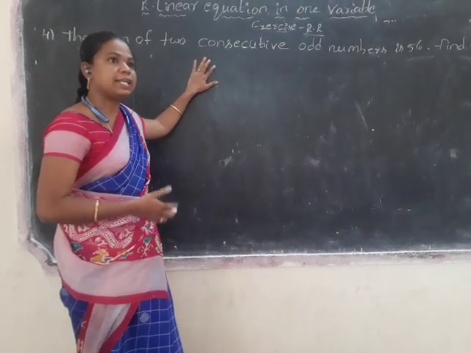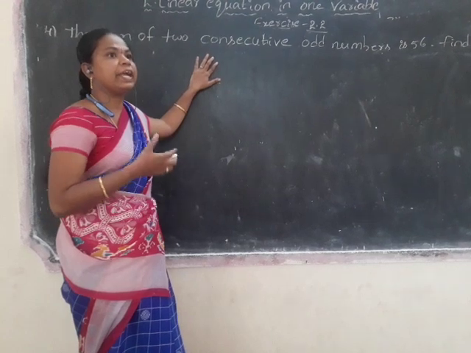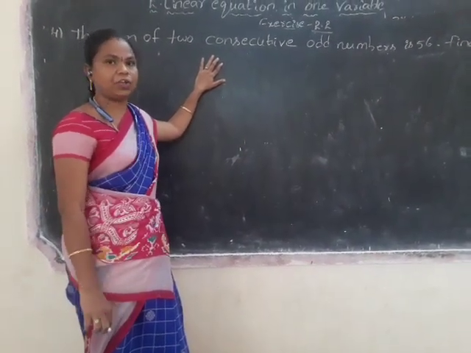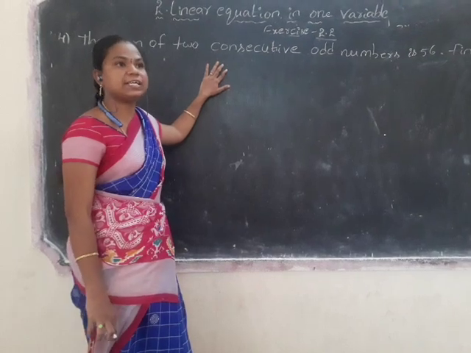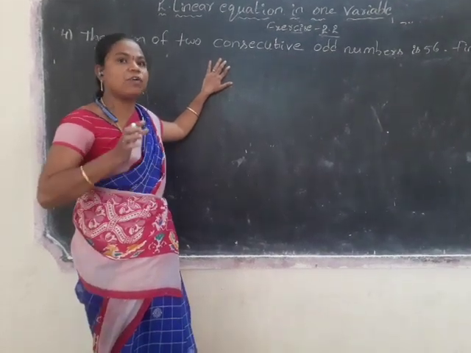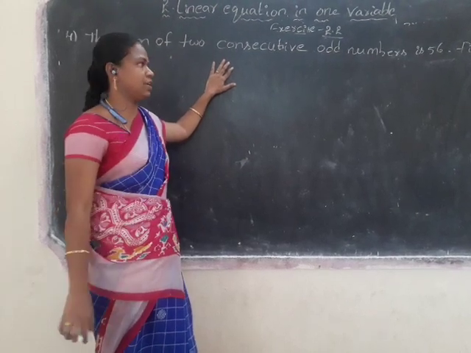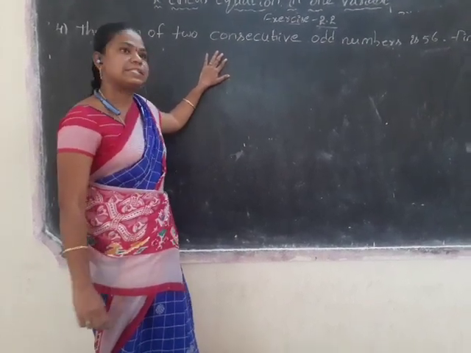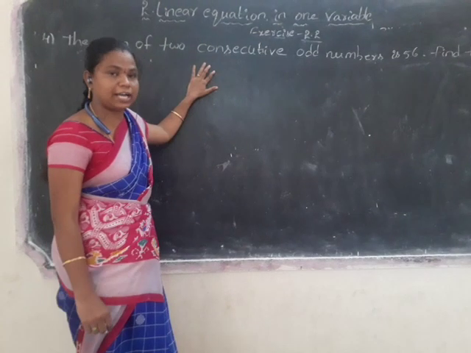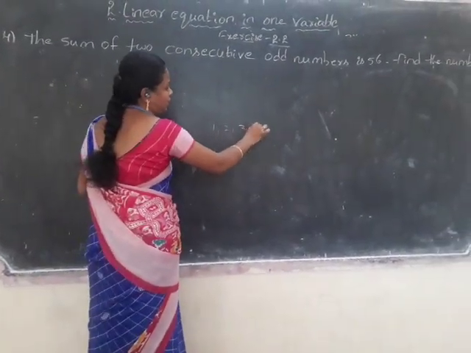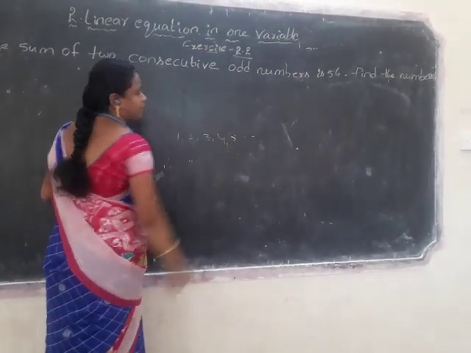Consecutive means it follows a continuous sequence. Such as, suppose we know natural numbers: 1, 2, 3, 4, 5.